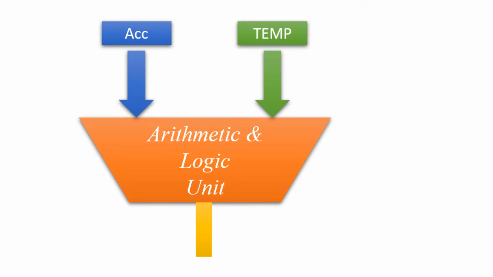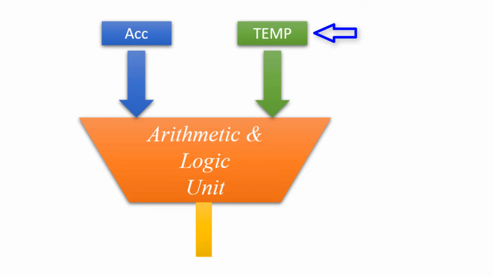So if you add, then the first operand will be in register A. If you subtract, then the first operand will be in register A. If you carry out AND operation or OR operation, then also the accumulator will hold the first operand. And the second operand can be in any of the registers B, C, D, E, H, L.